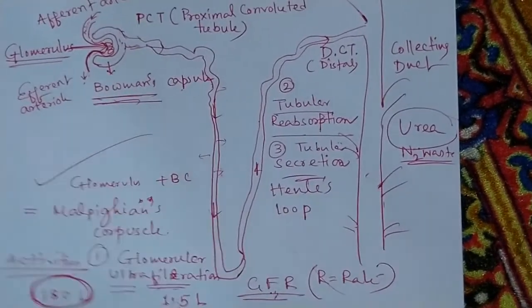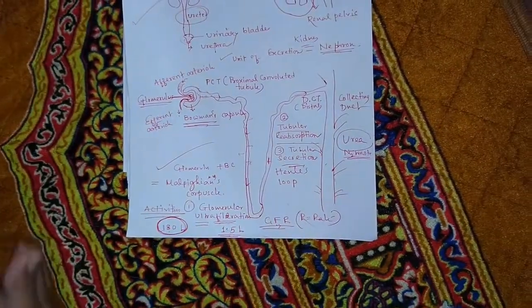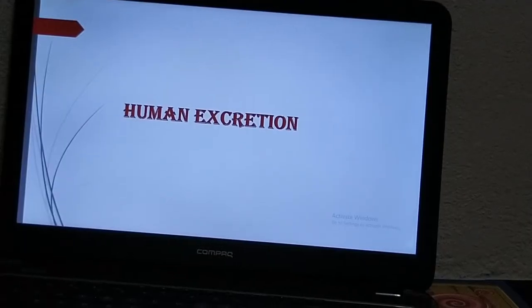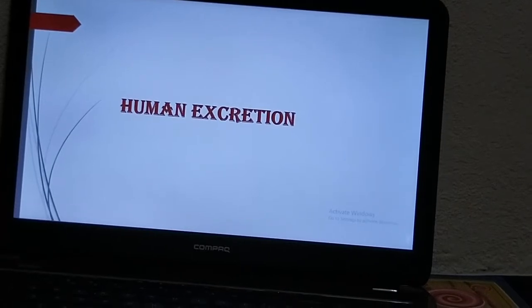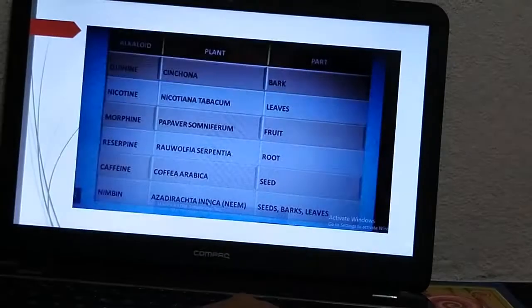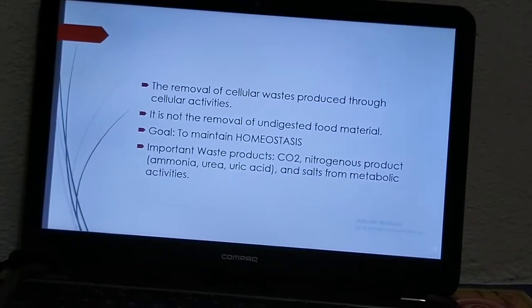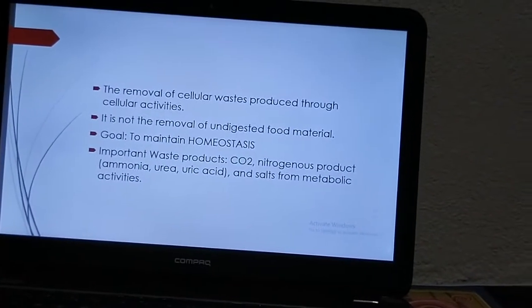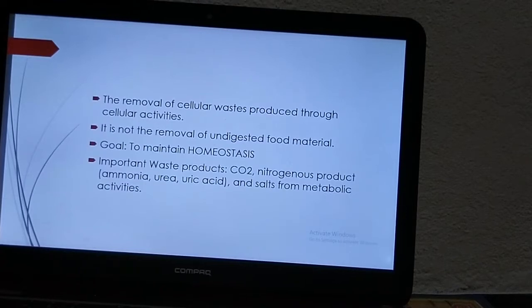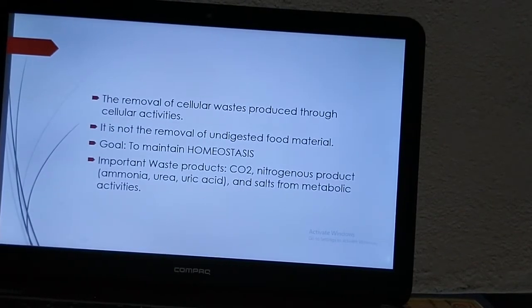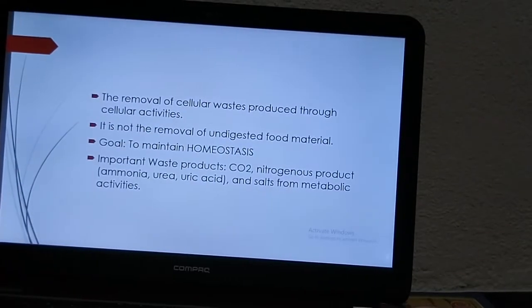Let's have a look for the quick recap. Okay, so a quick recap of the human excretory system. First, the removal of cellular wastes produced through cellular activities, that's known as excretion, and it does not include the removal of undigested food material, fecal material.